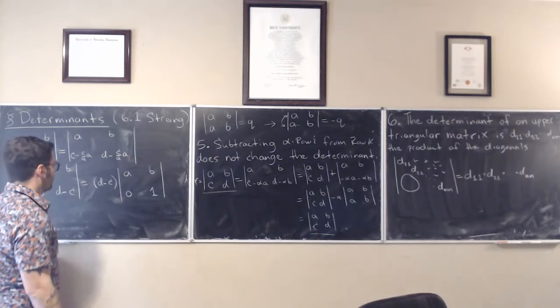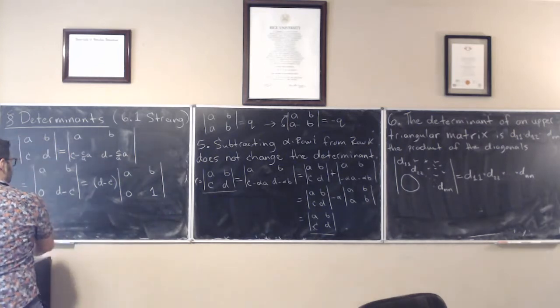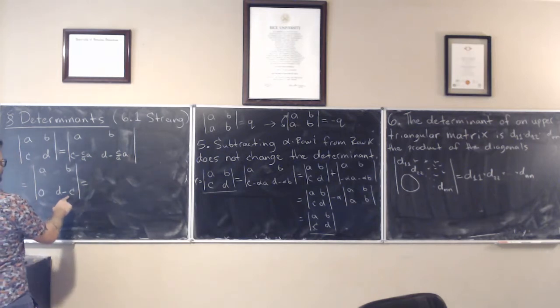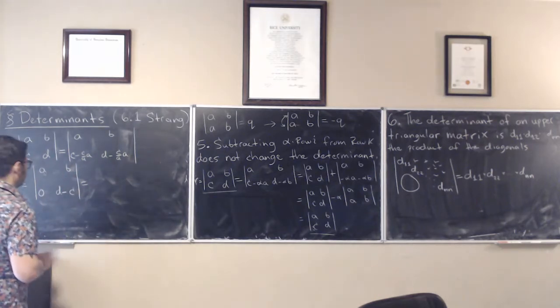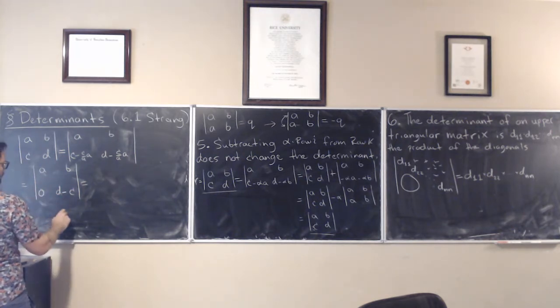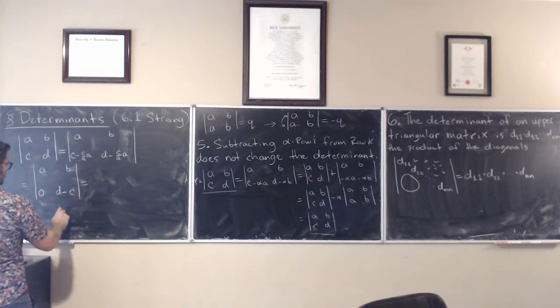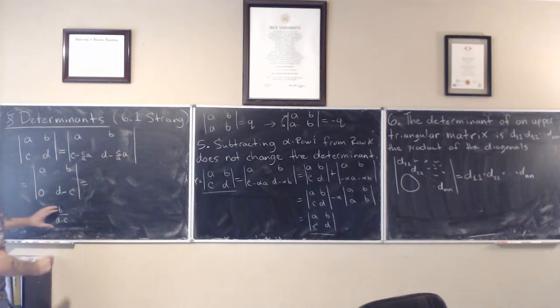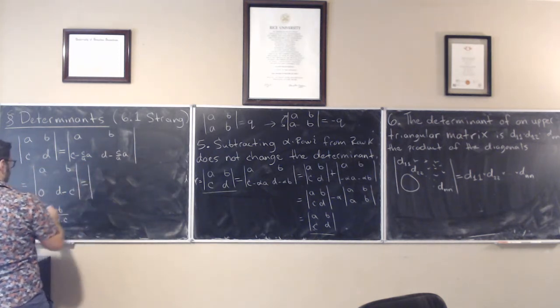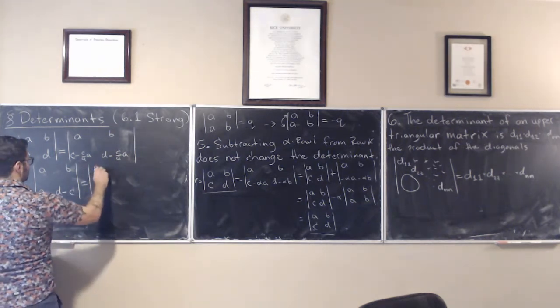Actually, before we even do that, let's just use this as a pivot to get rid of the b above it. So if we multiply this row by, what is it going to be? Negative b over d minus c, and then add to the top row, what do we get? So that's a 0, so a stays the same.